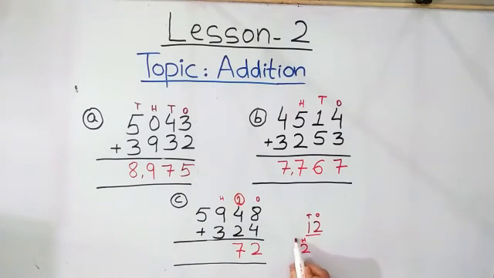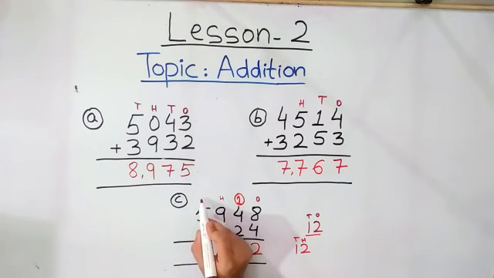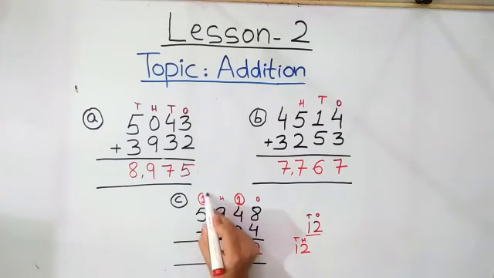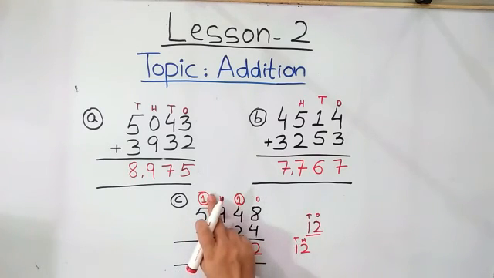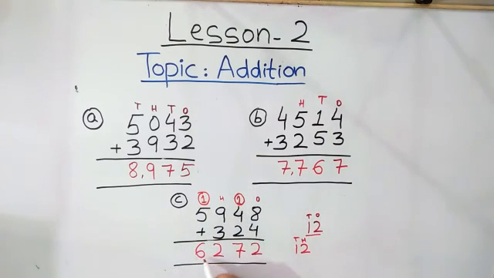So this one is thousands, and it must be taken as a carry to the next number. 2 will be placed here and this 1 will be taken as a carry to the next number. So 5 plus 1 is 6. 6,272 is the final answer of adding these two numbers.